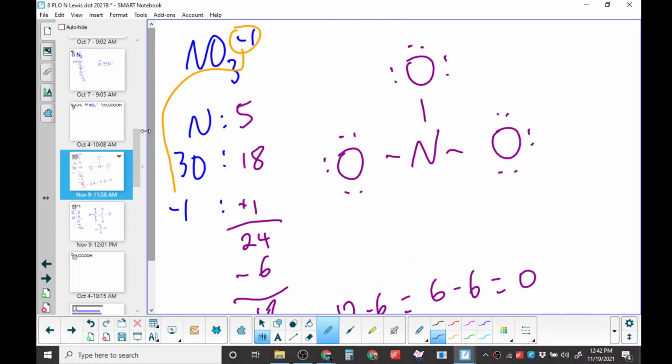I know that I cannot give 2 electrons here. What do I have to do? Make a double bond. So you take 2 electrons away. Does it matter which one? No, because the whole thing can rotate. We're drawing it in one particular direction, but in real life, this is a molecule flipping around all over the place.